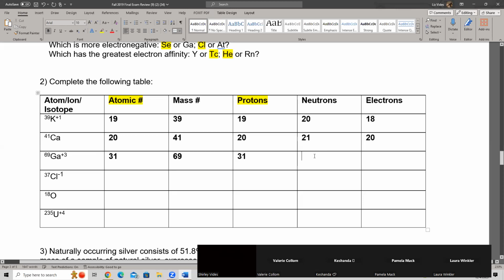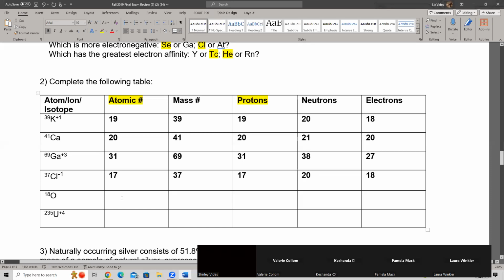The neutrons, 69 minus 31 is 38. And electrons, we lost 3, so it's 27. Chlorine, that is 17, and so protons is always 17. The mass was given as 37. Neutrons is going to be 20. And electrons, you have one more, so it's 18.